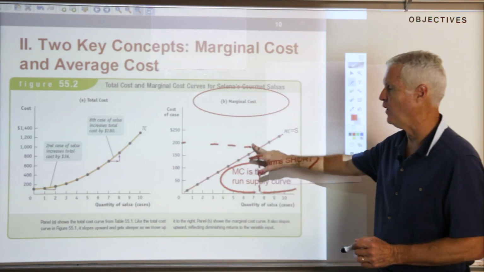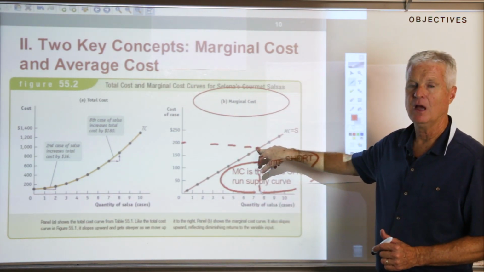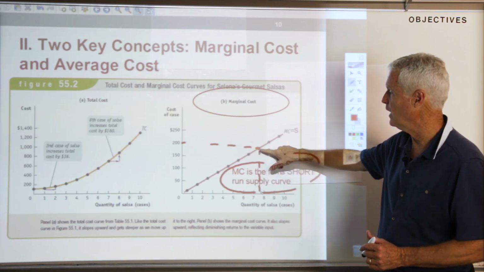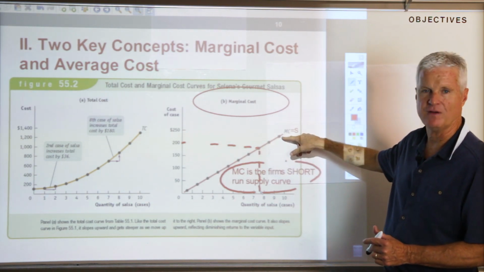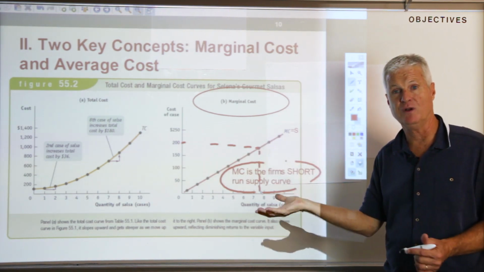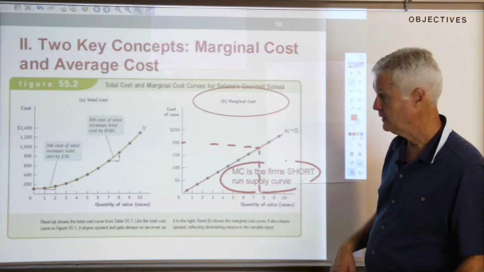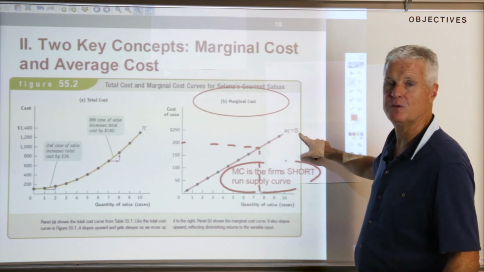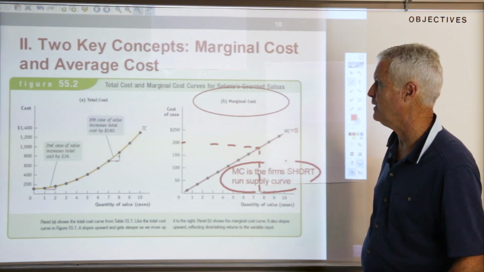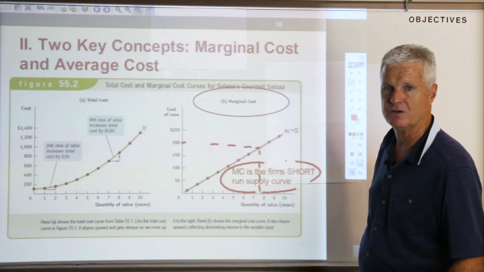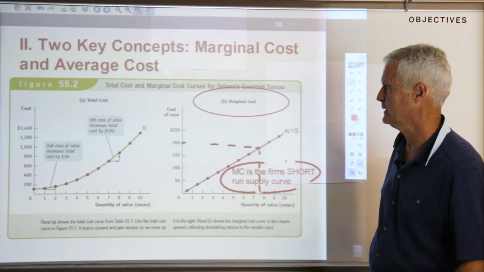Well, if I can sell something for $200, I'll produce all the way to here. I won't produce the one that costs $225 or $250 because I'm not going to spend $225 in order to get $200. So that's marginal cost equals supply, and that'll come into play numerous times over the next couple of months.